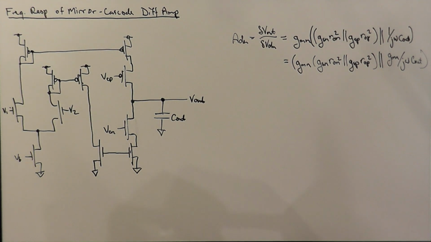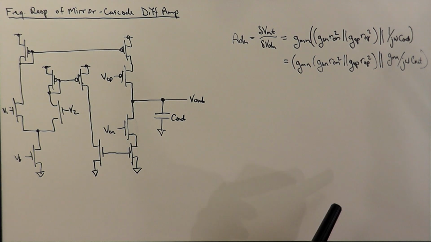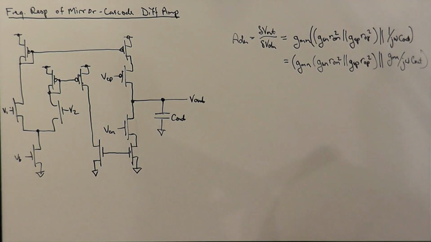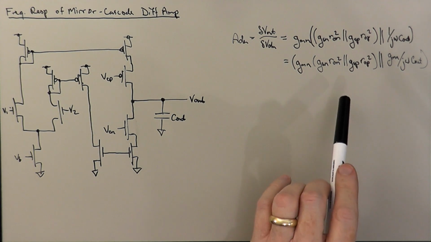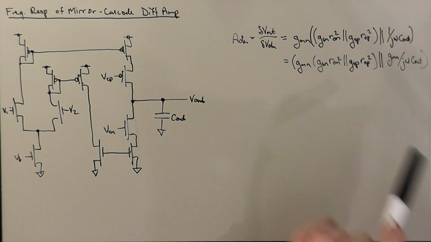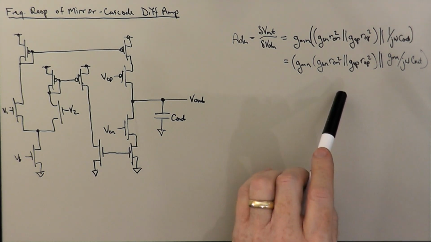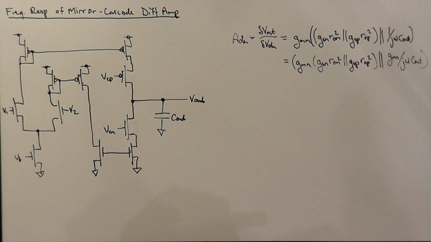And we could expand this out as product over the sum and factor out the constant term, or use the 1 over j omega C out upstairs to clear out the nested fraction and do it out.